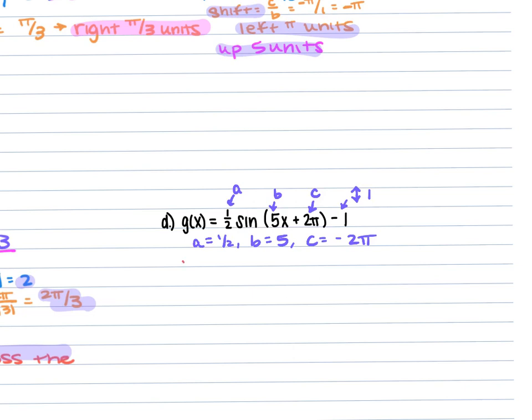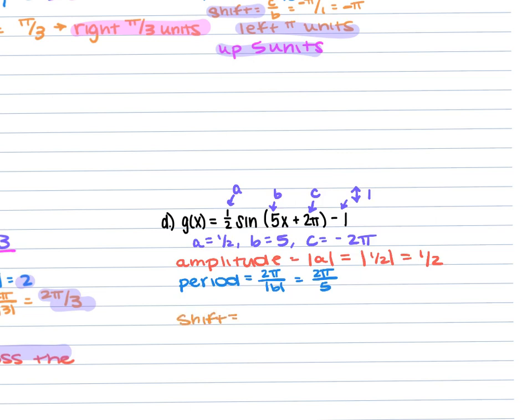Okay, so your amplitude is the absolute value of a, so that's the absolute value of 1/2, which is just 1/2. Your period is 2 pi over the absolute value of b. Well, your b is 5, so it's 2 pi over the absolute value of 5, which is just 5. Your phase shift is c divided by b. Your c is 2 pi, your b is 5.